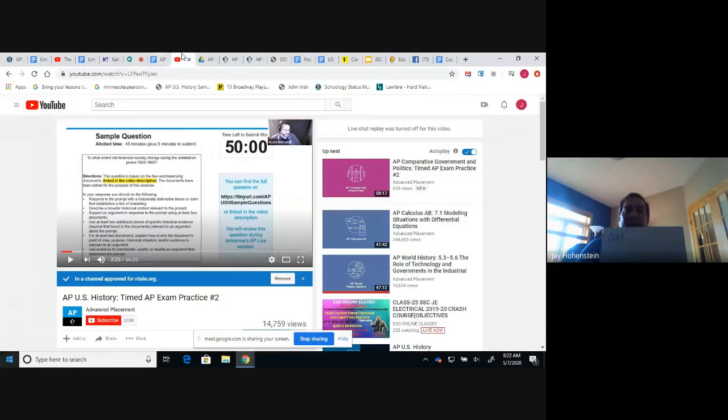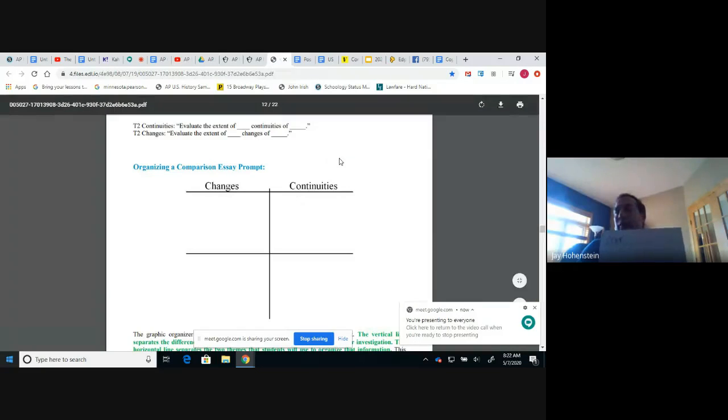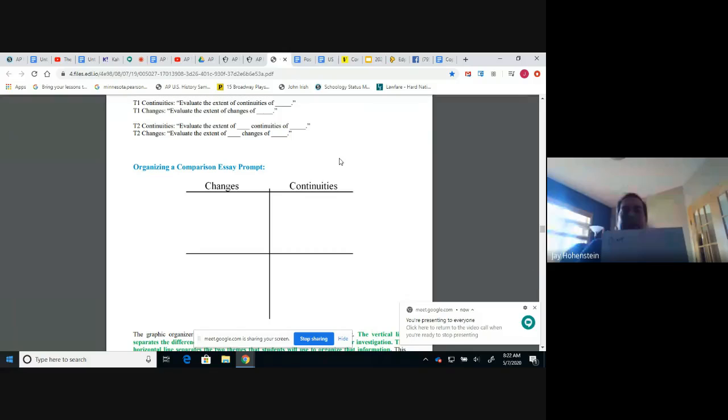And you'll notice with the essay question, it's saying, to what extent did American society change during the antebellum period, 1820 to 1860? This essay question, if you wanted to show complexity, they've got changes and continuities, or you could do it like this, create a timeline, changes and continuities.